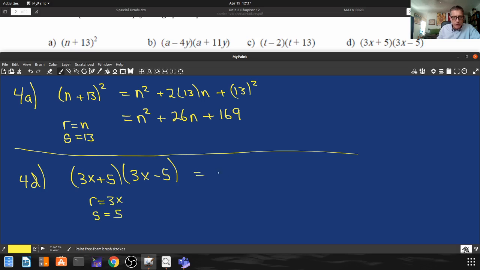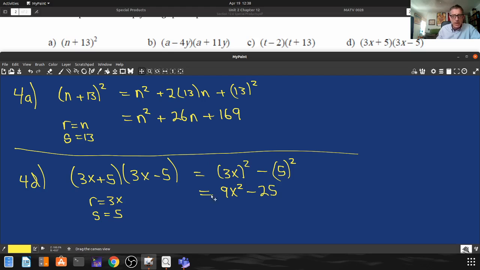So that's equal to r squared, which is 3x squared, minus s squared, which is 5 squared. You're right, I did not have to put the parentheses down there, but it does not hurt. So 3x squared, by the power of a product rule, is 3 squared, which is 9, times x squared, and 5 squared is 25. So that's it for 12.6.